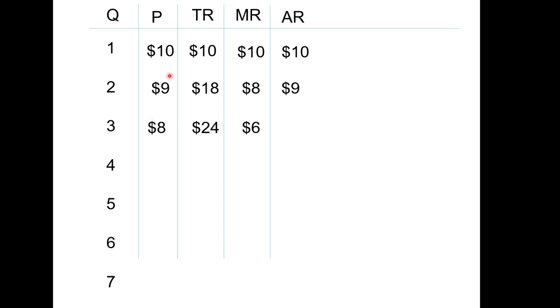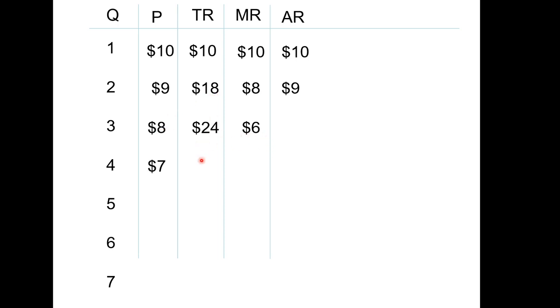As you can see, only at the first unit did price, marginal revenue, and average revenue equal each other like they did in the perfect competitor. Now, as we lower the price, marginal revenue is less than the price. Because every time we lower the price, these two people aren't paying 9 anymore. They're going to want to pay 8, so we're losing $2 of the revenue that we originally had. And then add the 8, and that's where you get the 24 from.